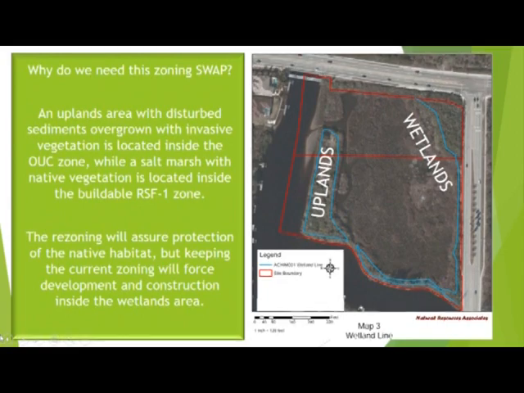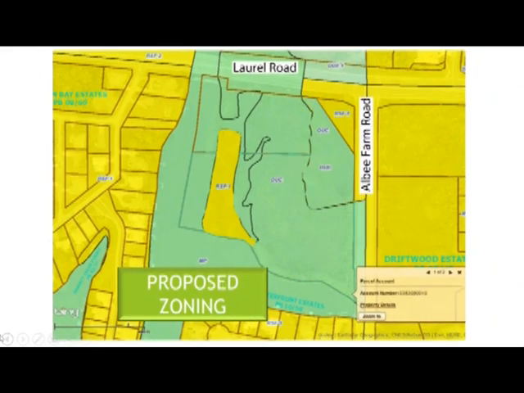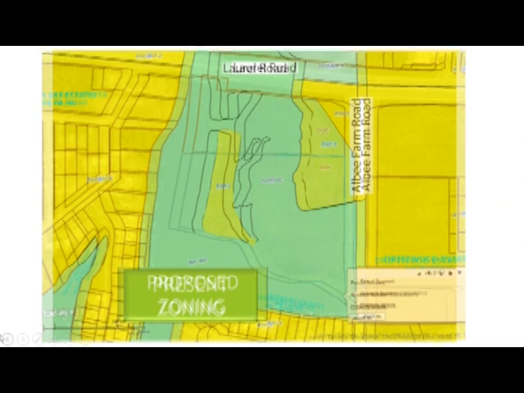So I'm going to belabor a little bit of what's already been discussed. What our clients propose is to have a 1.43 acre parcel here, most of which is designated wetlands, rezoned from more intensive RSF1 to less intensive OUC. They would also have another smaller parcel of upland property of just over 1 acre, rezoned from OUC to RSF1.